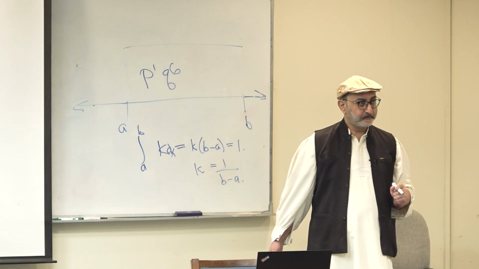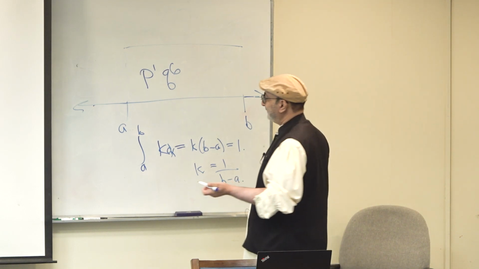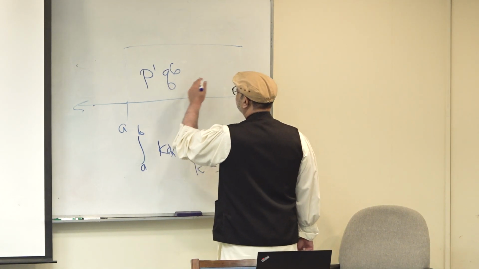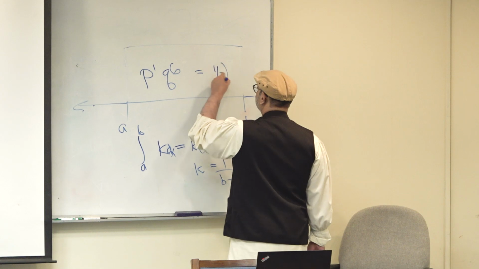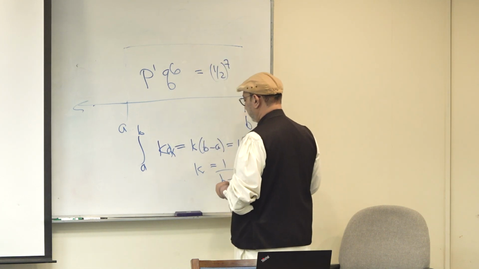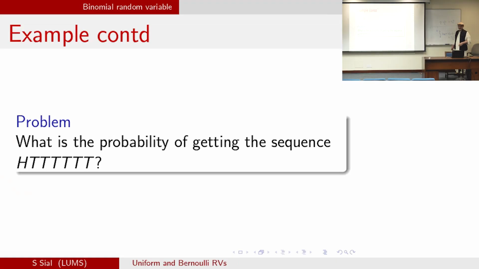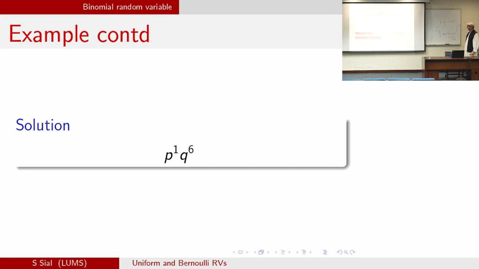Is that okay? In this case, P and Q are the same, so this is still going to give you 1/2 to the 7. But I'm going to write that as P to the 1, Q to the 6 because I want you to see this form. Later on I'm going to allow P and Q to vary. Okay?